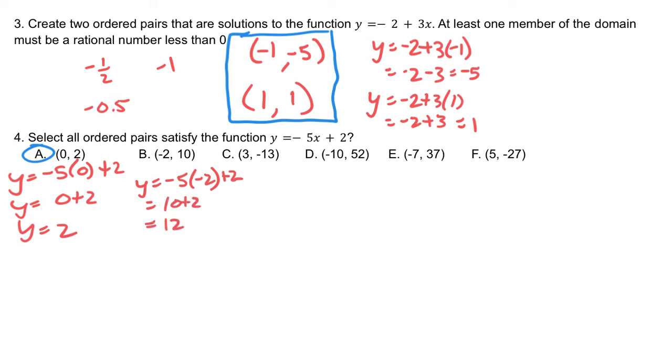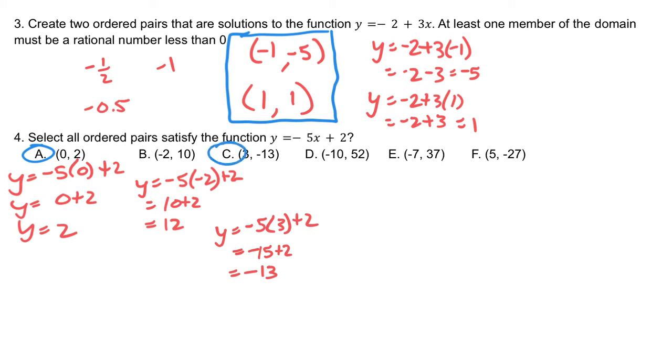And this does not work because when I put negative 2 in for x, I get 12 for y, and I'm supposed to be trying to get 10 for y. Let's try this one where 3 is x. So y equals negative 5 times 3 plus 2. This is negative 15 plus 2, which is negative 13, and that works.